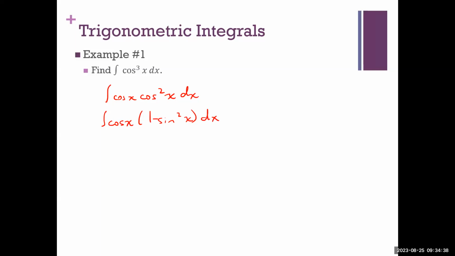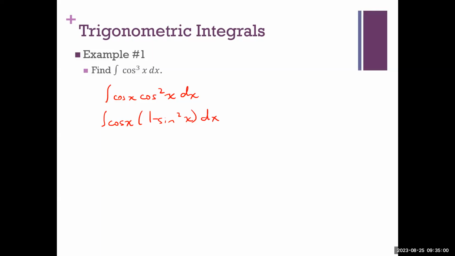I mean, it might. I think we have two things that are clearly multiplied by each other: the cosine x and one minus sine squared of x. I don't know how to integrate one minus sine squared x, but I could probably take a derivative. Don't know what the integral of cosine x is? Sure, that's something we can do. I'm actually not sure that'll get us to the end.